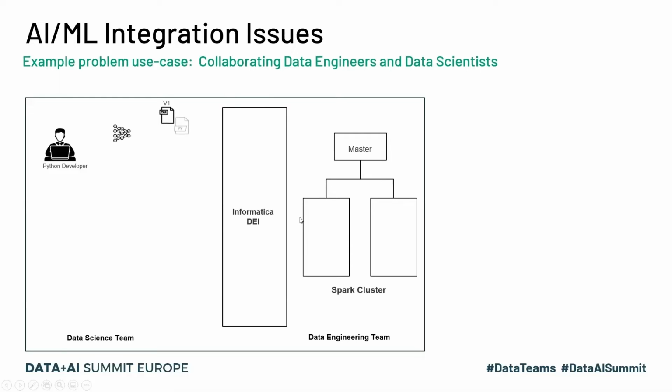So a data science team will develop an algorithm and share the binaries and Python code with the data engineering team, which is the first pain point, where the data engineer has to either understand the technologies that are being used by the data science team, or the data science team has to understand the data engineering platform.